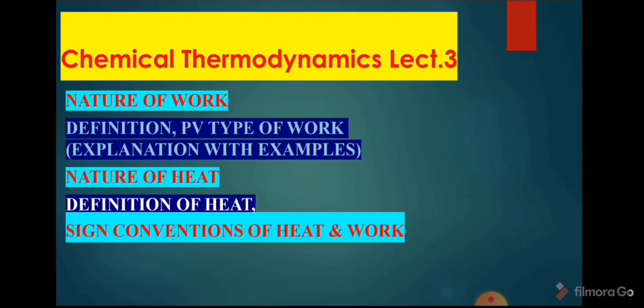Minus Q means the heat is released by the system to the surrounding, and plus Q means the heat is absorbed by the system from the surrounding. As shown in figure, it is clear.